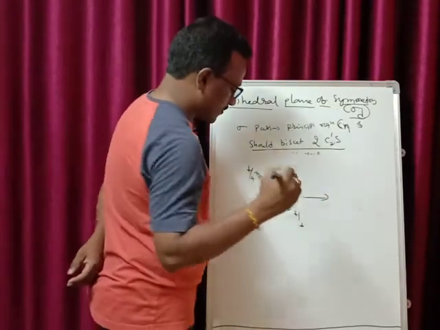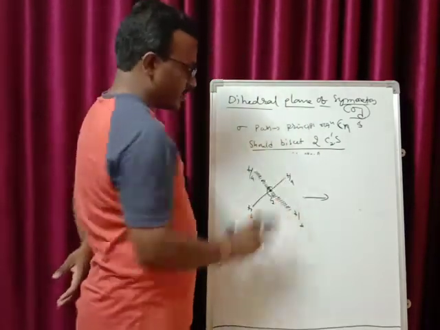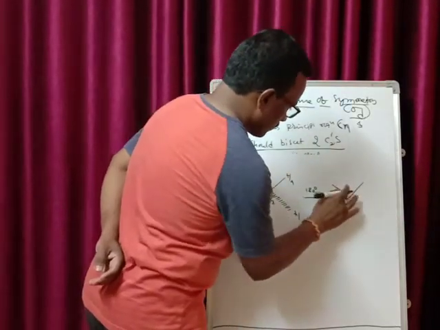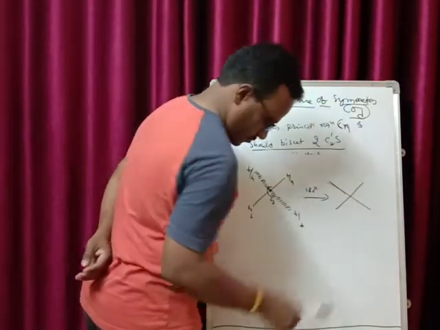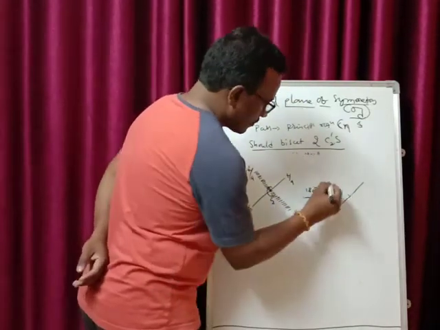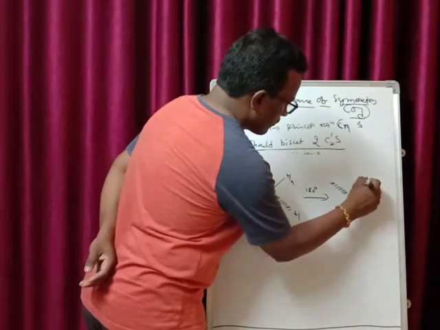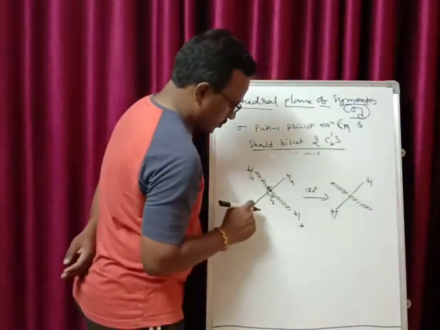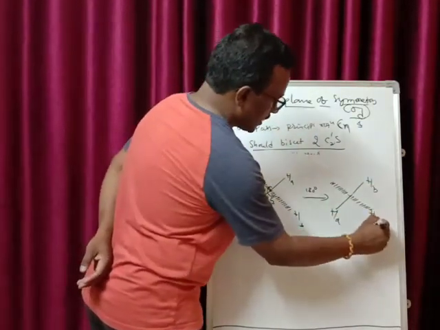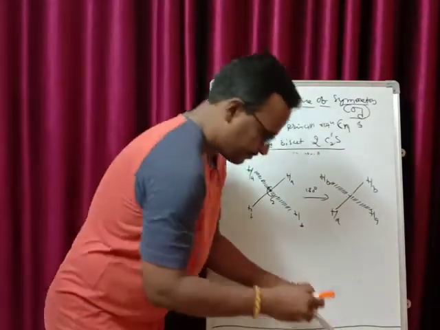Now, one of the axes is passing from the center, that is C2. If I rotate by 180 degrees, HA comes over here, HB goes here. Similarly, these two also exchange their positions and give an equivalent structure.